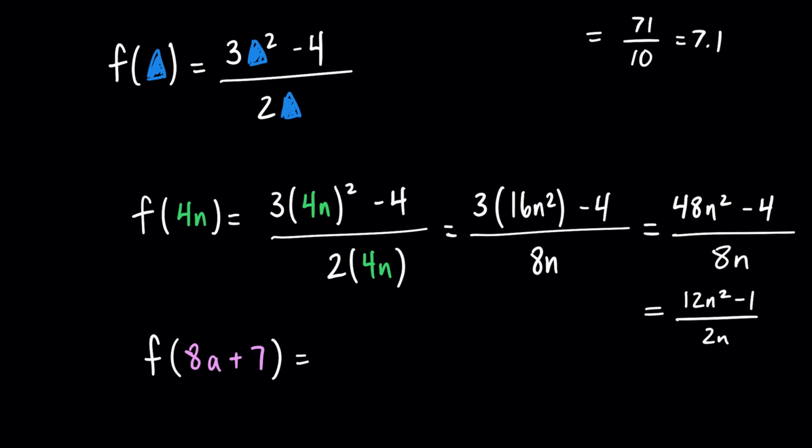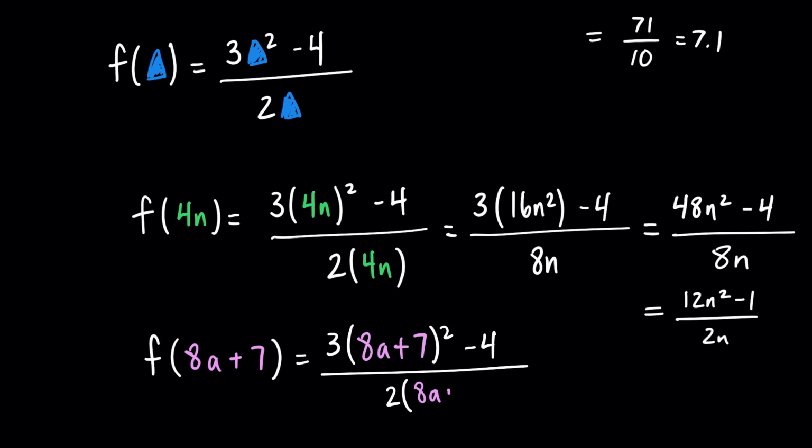Okay, let's do it. So we're going to triple the input squared. So we're going to do 8a plus 7 squared minus 4 over 2 times the input, which in our case is 8a plus 7.